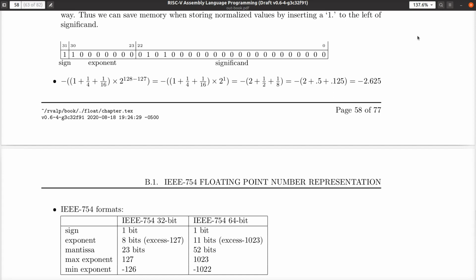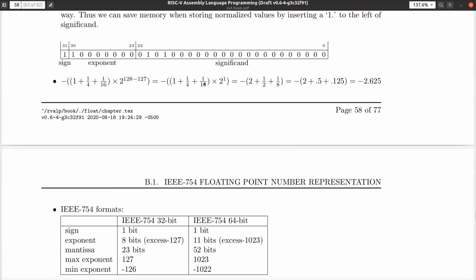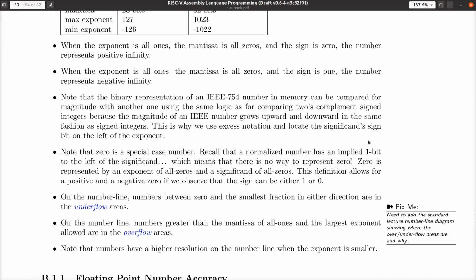That's not something that converges on 0, nor is it something that converges on infinity. How do you represent those things? You represent them using a special bit pattern in the mantissa in here, or the significand, I should say, that represents not a number.